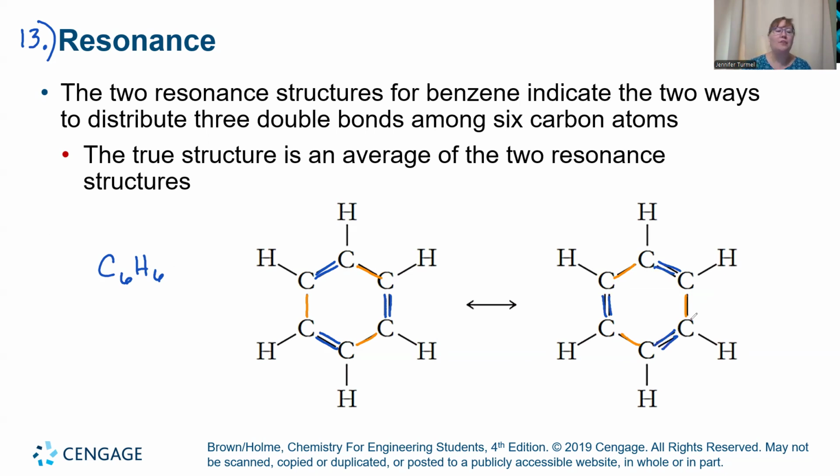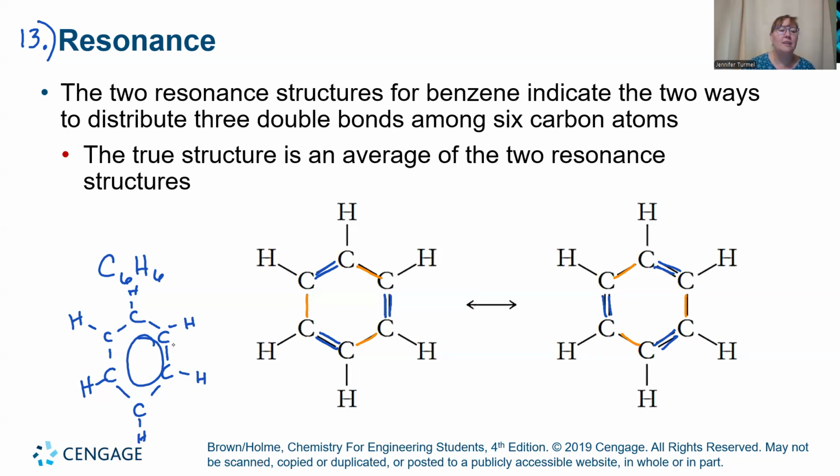What people will often do is write benzene like this, and here we have our hydrogens, like so, and we'll draw a circle in here to show that it's everywhere.